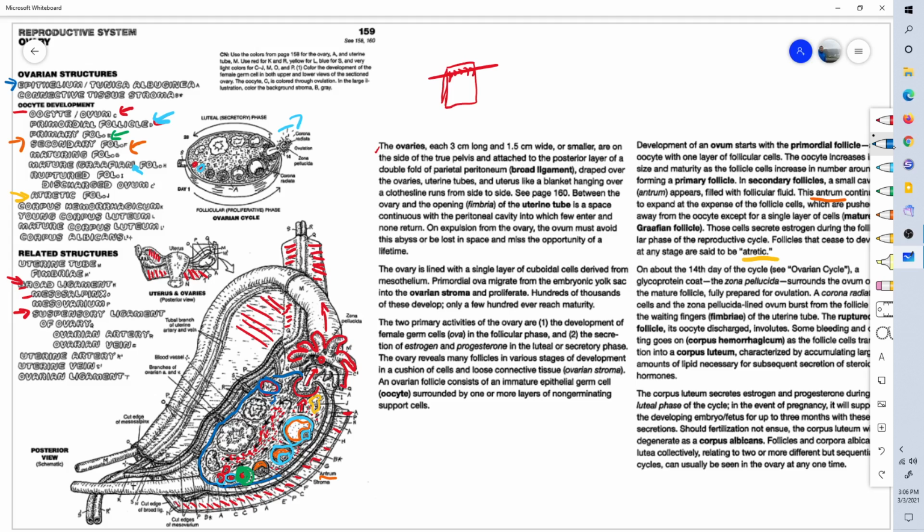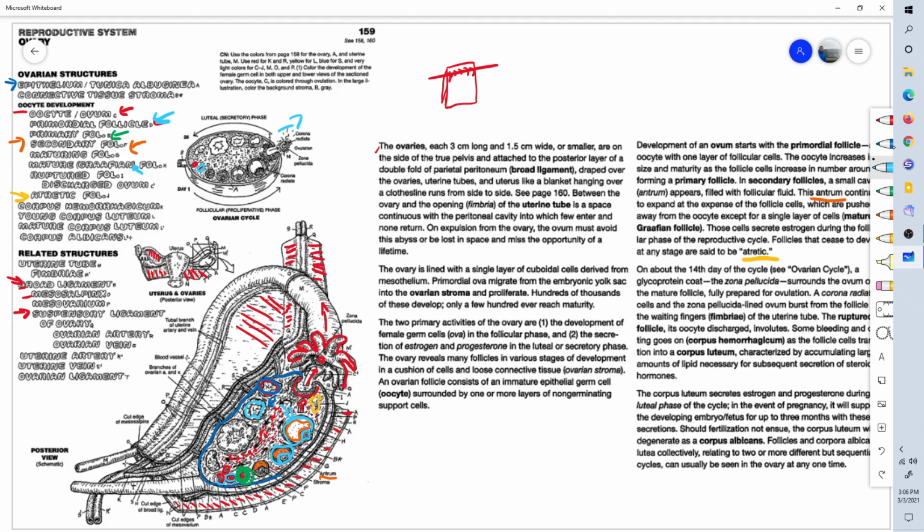After a little bit of time, this sort of bloody, hemorrhaging body becomes what's called the corpus luteum, or the young corpus luteum, right here. And so the remaining outer portion of what was the follicle now becomes the corpus luteum.